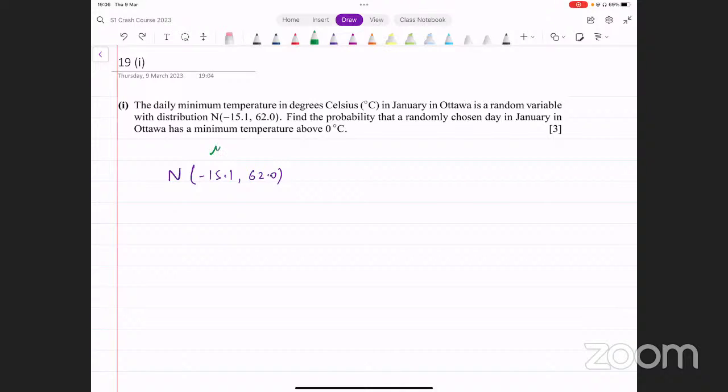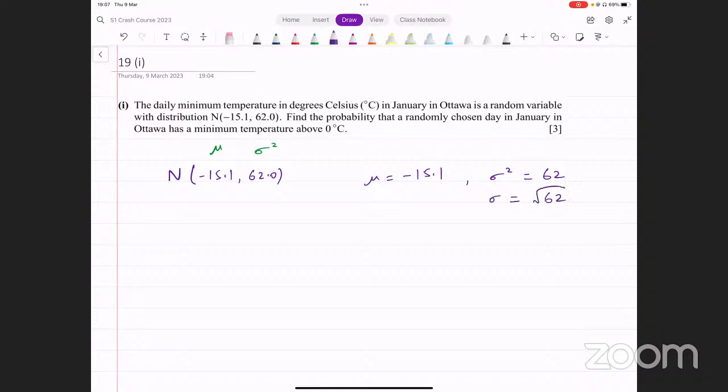The first number represents the mean and the second number represents variance. So it's a normal distribution with mu equal to minus 15.1 and variance equal to 62. What about the standard deviation then? The standard deviation would just be the square root of this number, that's square root of 62.